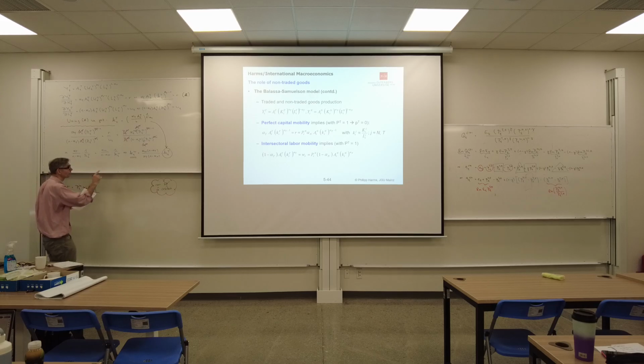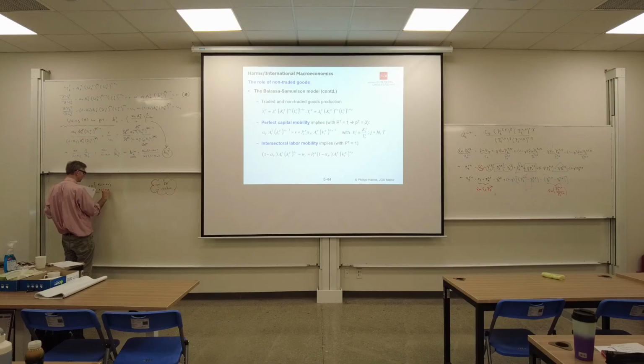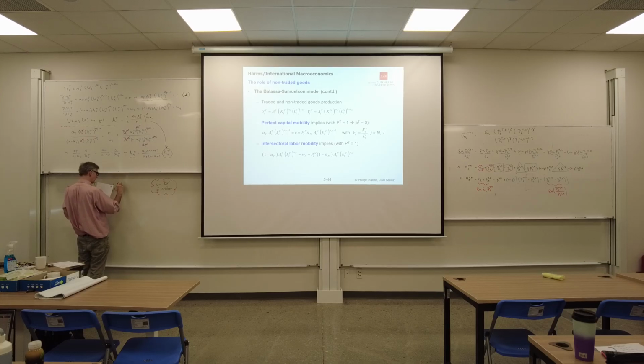We have alpha n 1 minus alpha T over 1 minus alpha n alpha T, ATT divided by R, to the power of 1 over 1 minus alpha T, and the whole thing is taken to the power of alpha n minus 1.